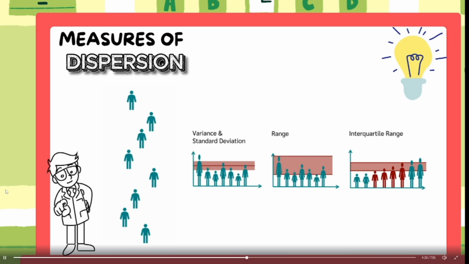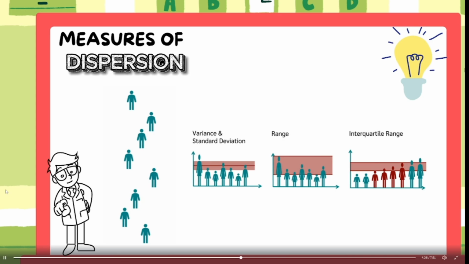Finally, the interquartile range (IQR) is an effective measure for skewed distributions as it focuses on the middle 50% of the data by calculating the difference between the third and first quartiles. By ignoring the extreme 25% on both ends, the IQR offers a measure of spread that is resistant to the distorting effects of outliers.